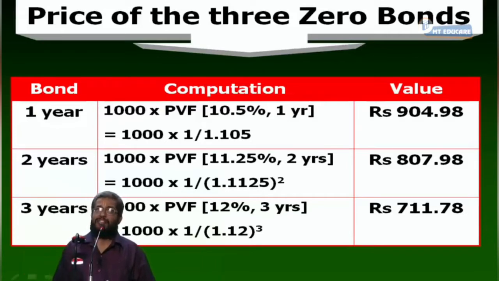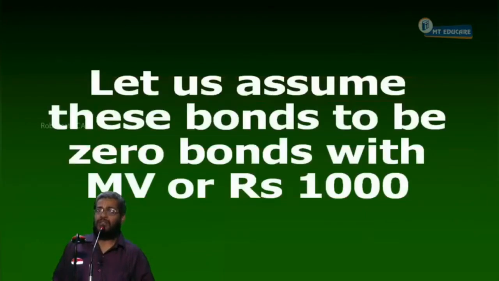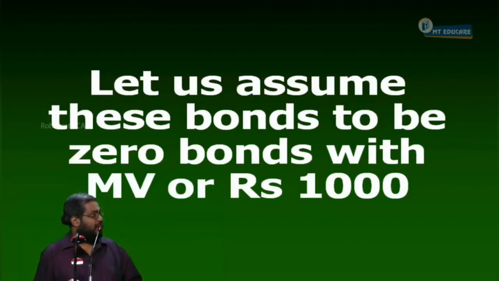Let us further assume that these bonds have a maturity value of how much rupees? 1000. Let us further assume that these bonds have a maturity value of 1000.